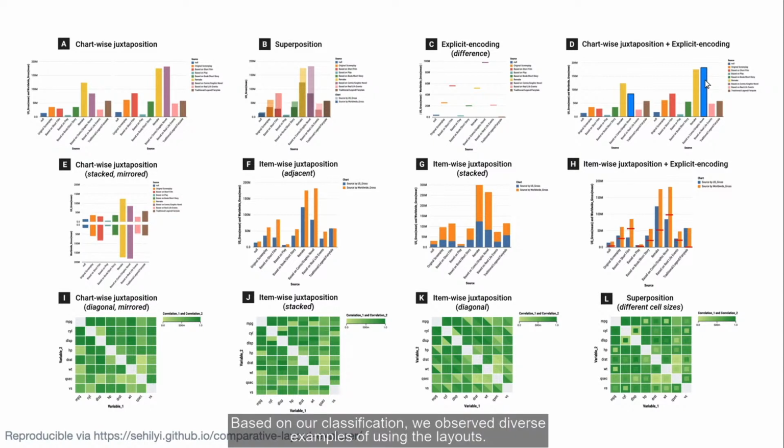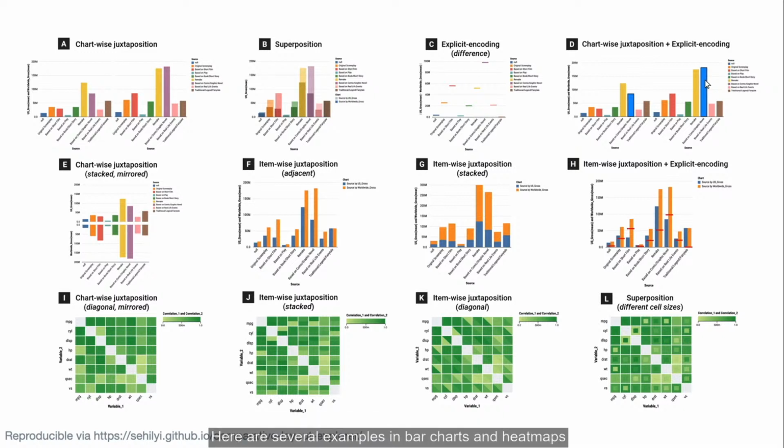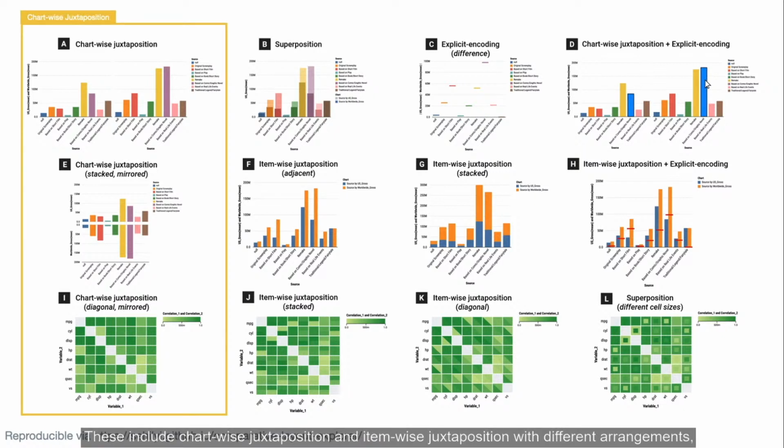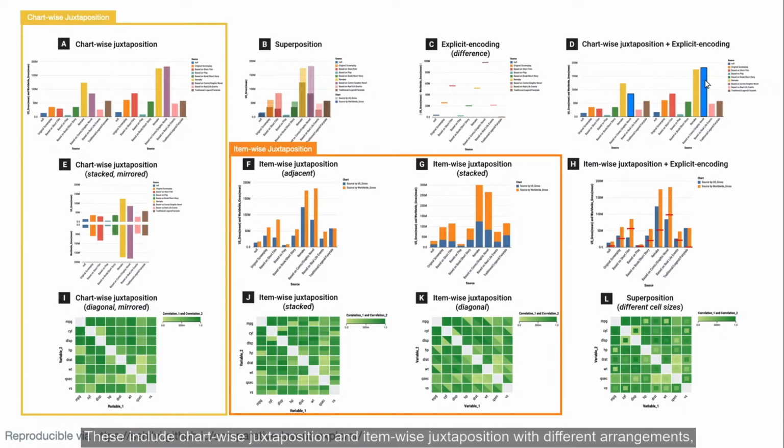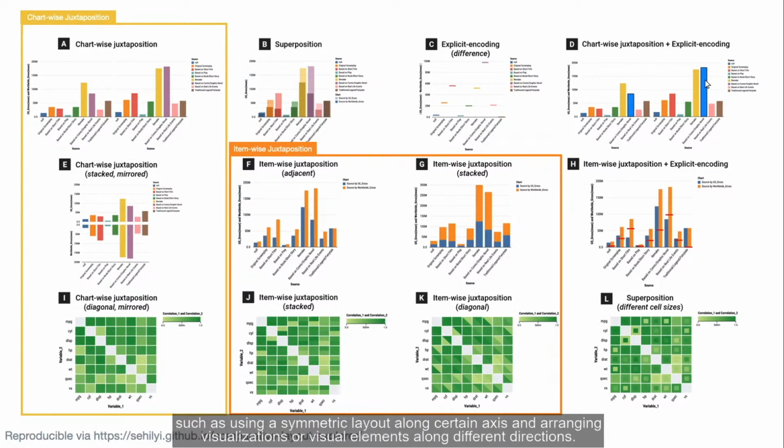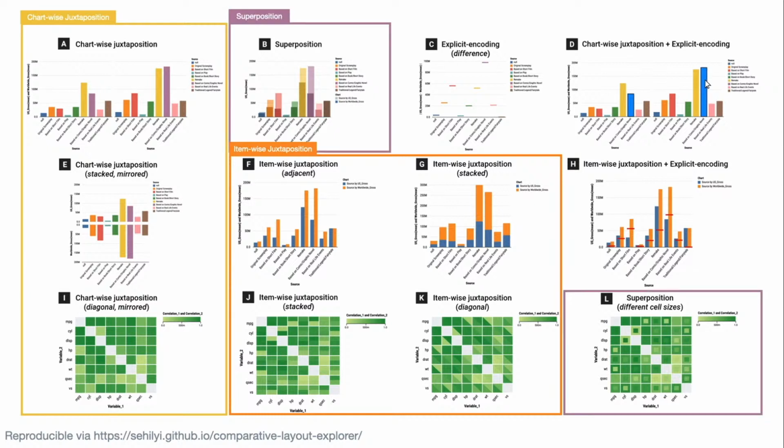Based on our classification, we observed diverse examples of using the layout. Here are several examples in bar charts and heat maps that cover the large design space of comparative layouts. These include chart-wise juxtaposition, item-wise juxtaposition with different arrangements, such as using a symmetric layout along certain axes, or arranging visualizations or visual elements along different directions.